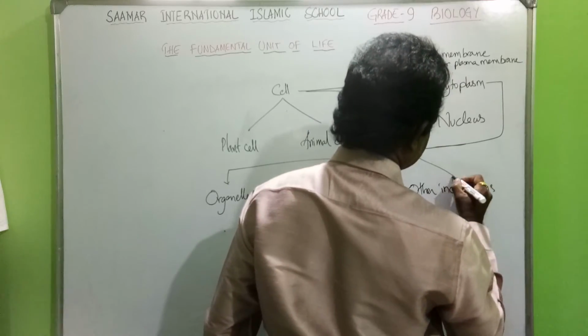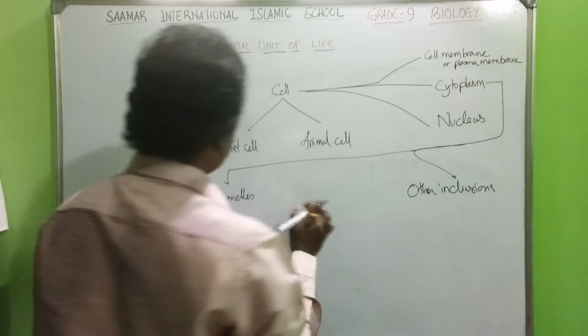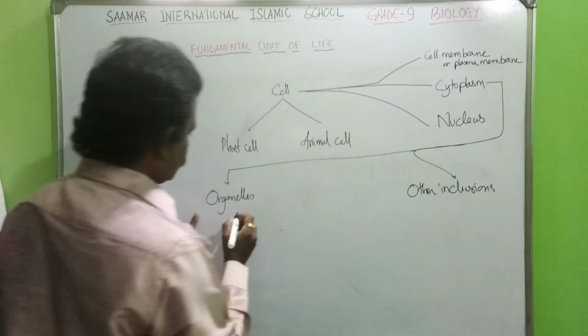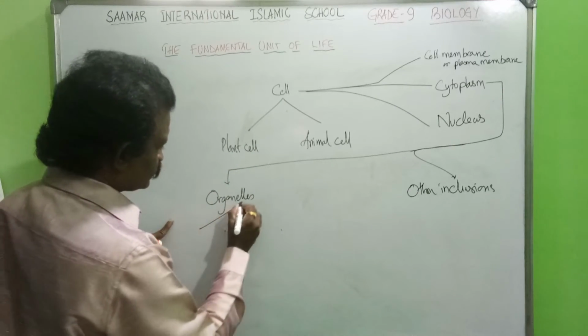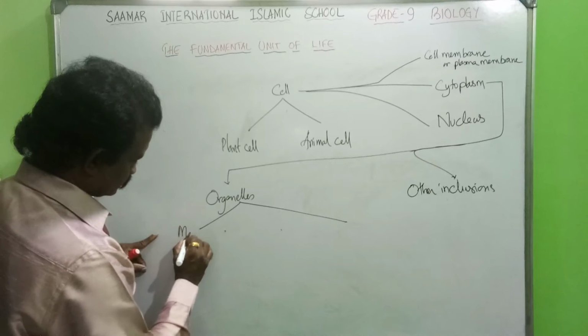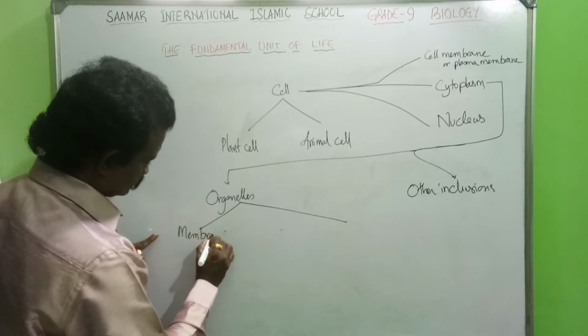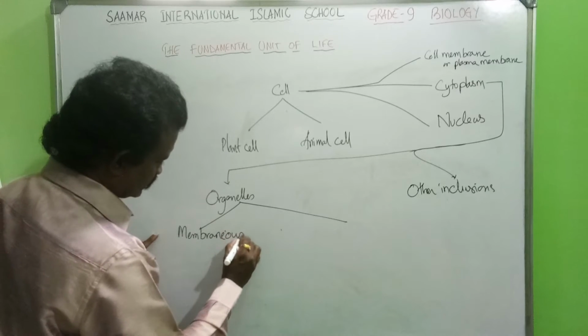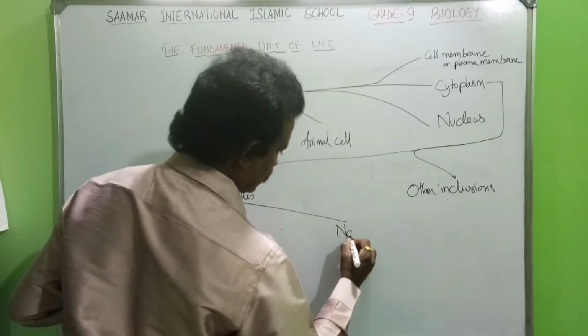Clear? The cytoplasm is divided into two, organelles and inclusions. Organelles are again divided into two: membranous and non-membranous.